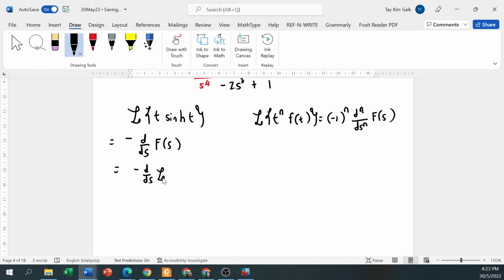F(s) is the Laplace transform for your f(t). So again you have to check the formula, compare the formula. In this case n is actually 1, and this is the f(t). f(t) is hyperbolic sinh t.